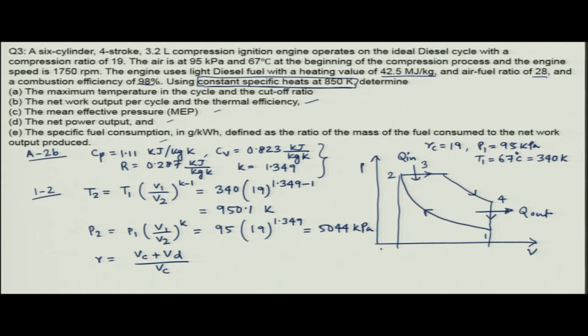So, Vc is basically this one and Vd is called the displacement volume, Vc is the clearance volume, and Vd is the displacement volume. I hope you have already studied this during the course. And so, what does Vd mean?